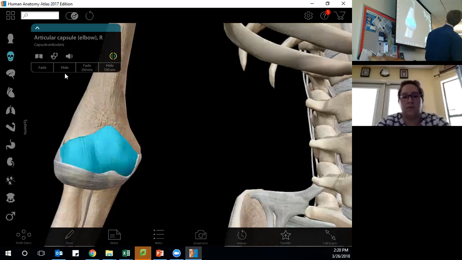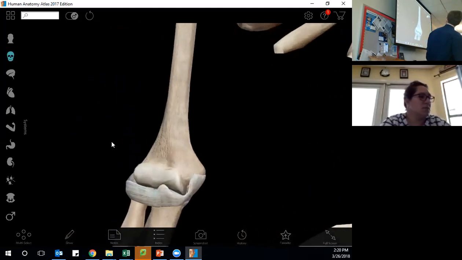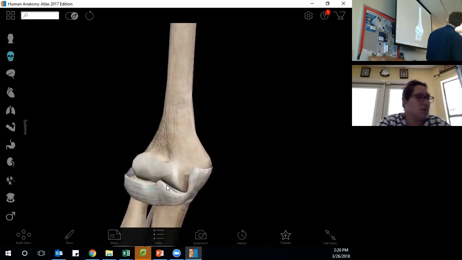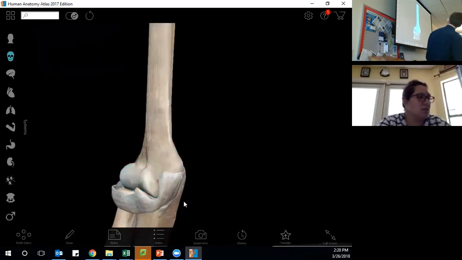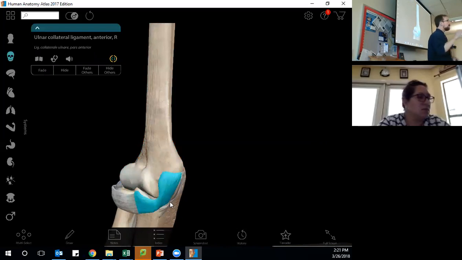Joint capsule. Synovial joint, you get rid of that. Medial side first. Good. All right. So, ulnar collateral ligament, UCL.